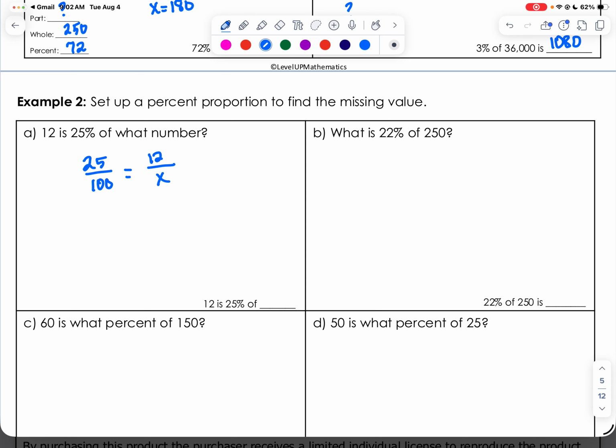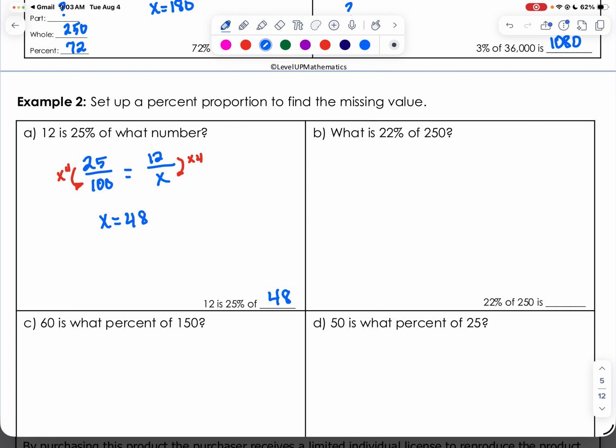Now, to find your scale factor here, 12 will not go into 25 evenly, but what I am noticing is I can find the scale factor of the numerator to the denominator. So if I multiply 25 times 4, that'll give me the 100. So if I multiply this numerator by 4, 12 times 4 gives me 48. So 12 is 25% of 48.